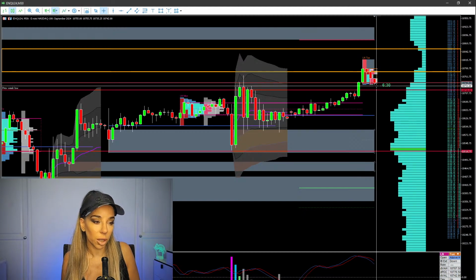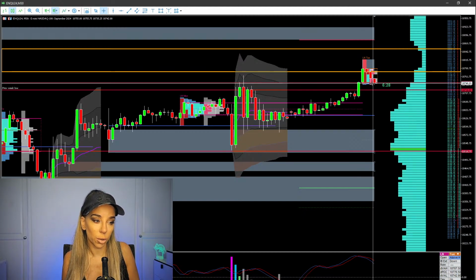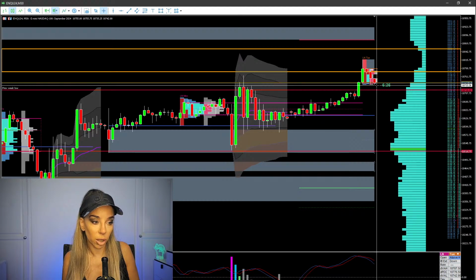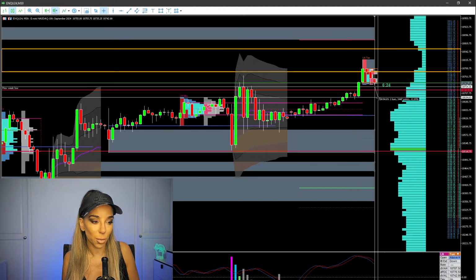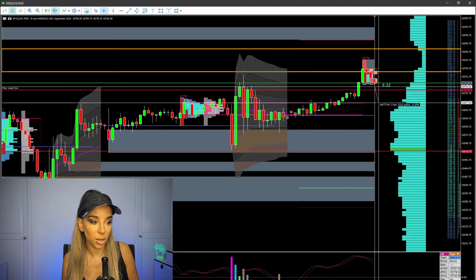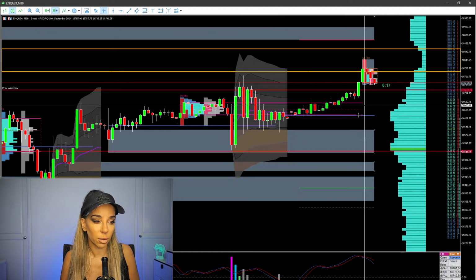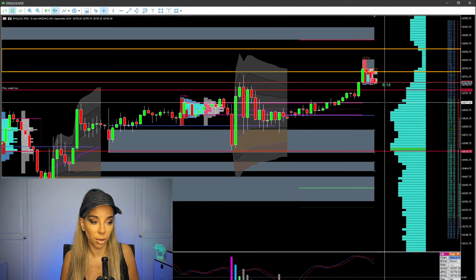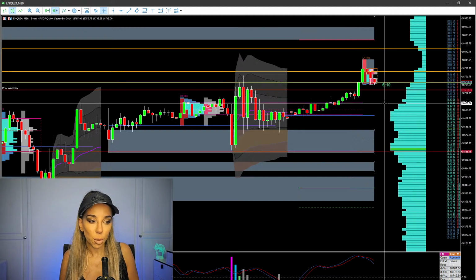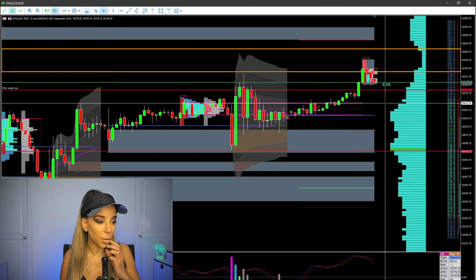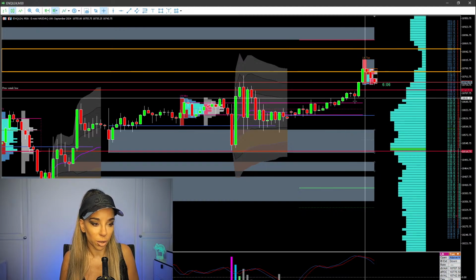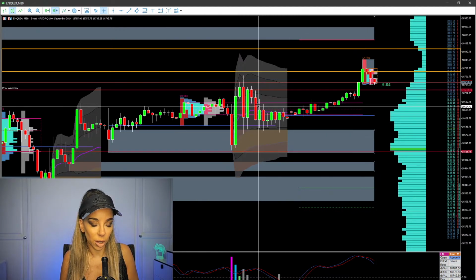If it goes into a sustained auction, so if it closes this candle below the initial balance low, there's a possibility for a little gap fill that has about 50 handles in it until it reaches the next area of interest, which is the London value high. At that point, things become a little bit murky because you have a lot of volume here, so it becomes difficult to read.